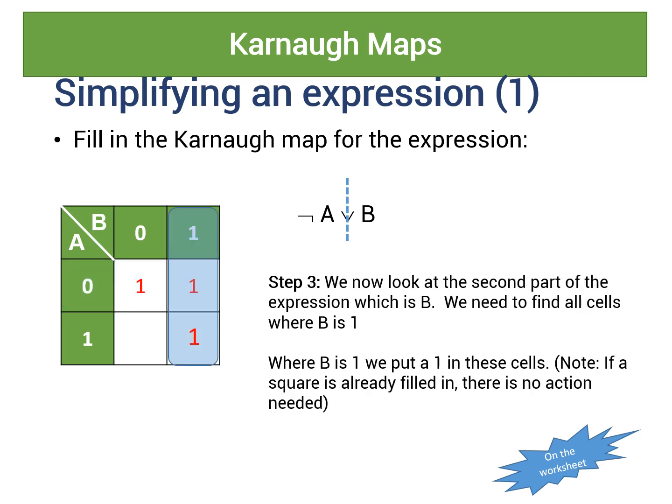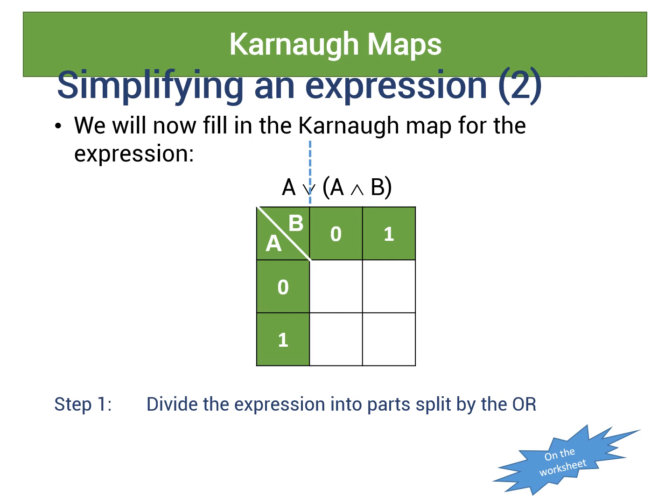So we've looked at NOT A, and because it's using an OR, we can have 1s in those columns which are 0s. We now look at B. So whenever B is on, the output is also going to be true. So we can put 1s in these columns. Just note, if the square is already filled in with 1, there's no need for action on this, just like the top right hand square here.